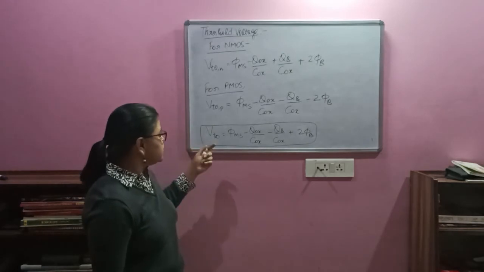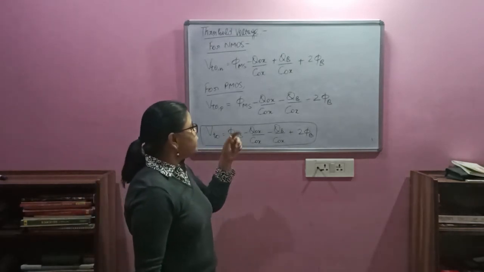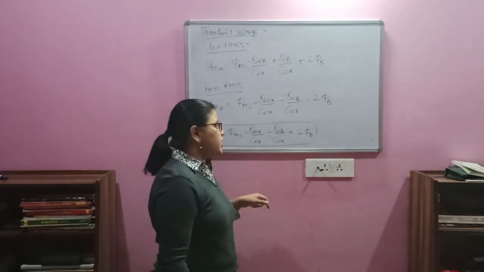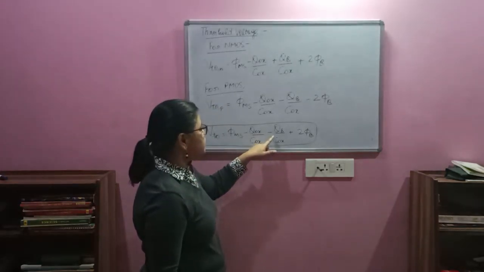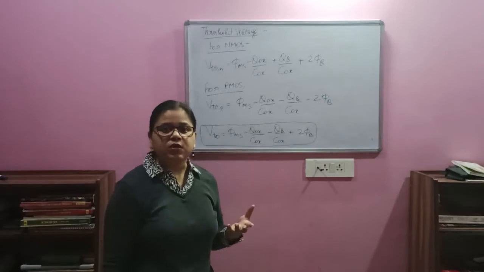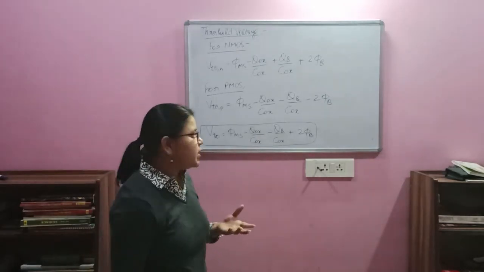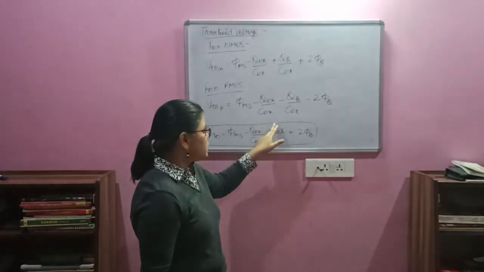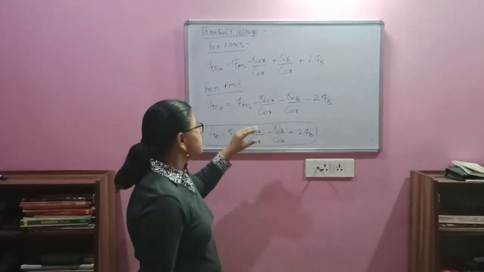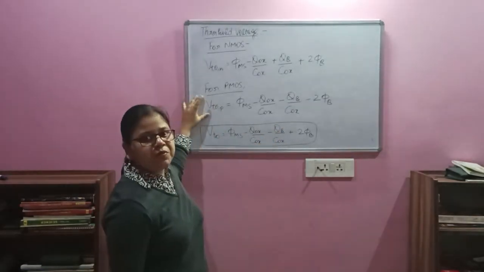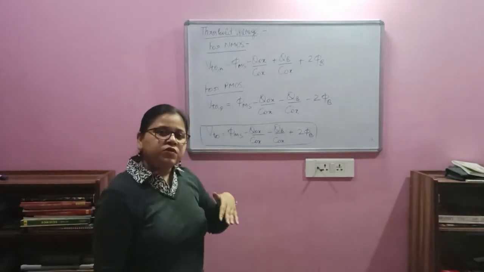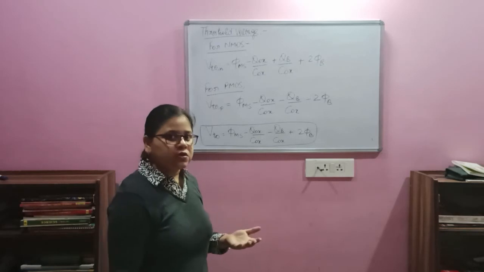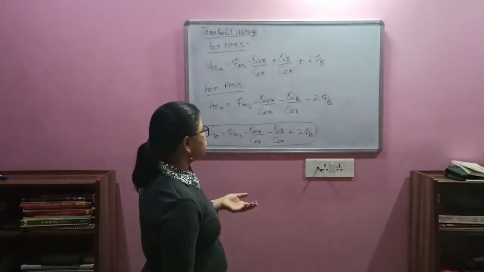This is a generalized equation. If I talk of an N channel device, the bulk charge density means the substrate, which is the bulk, has a majority of holes. Then this sign will remain changed because this QB will be positive in that case. But when I talk of a PMOS, we have a bulk or substrate with a majority of electrons, and electrons are negatively charged particles.